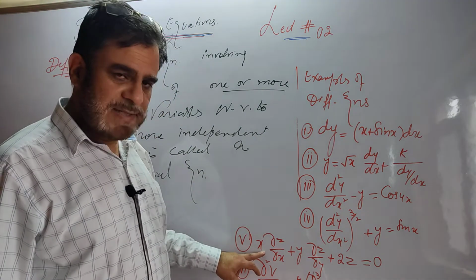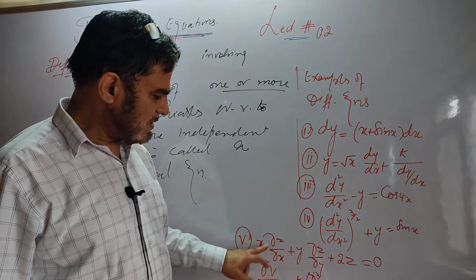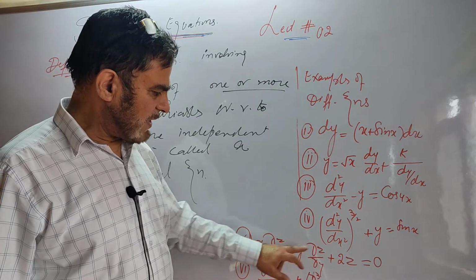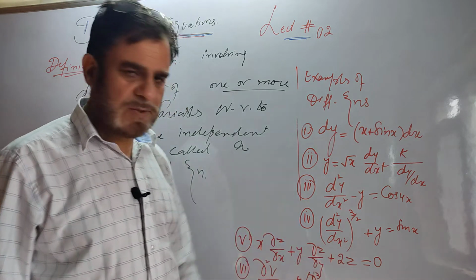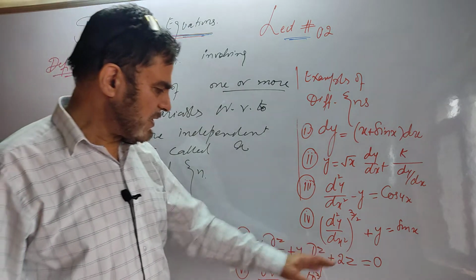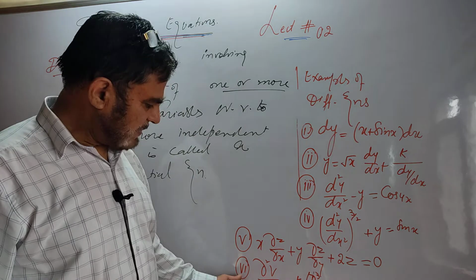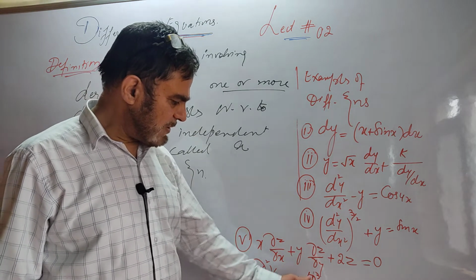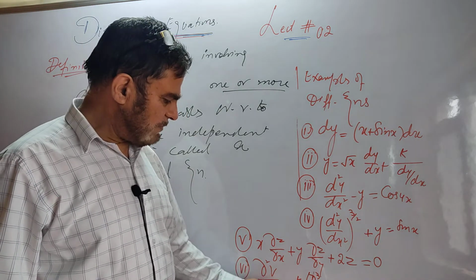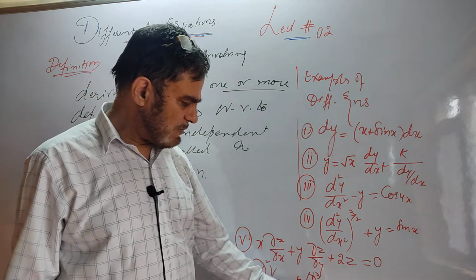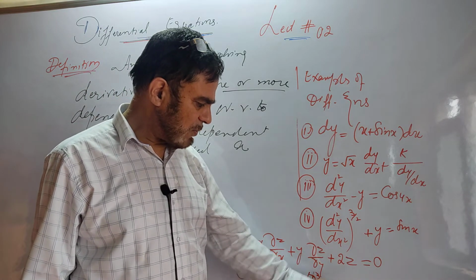But here, example number 5, I wrote x dou z by dou x plus y dou z by dou y plus 2z is equal to 0. It involves partial derivatives, and you have the two independent variables x and y. Example number 6: dou 2 v by dou t square is equal to k times dou 3 v by dou x square whole square.